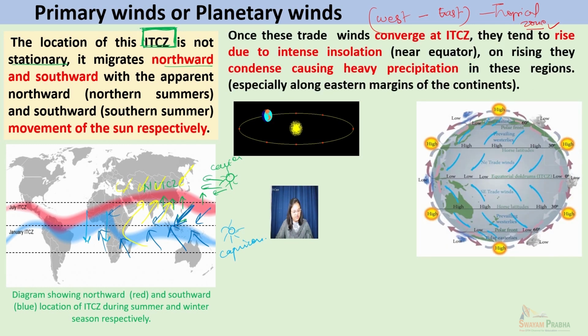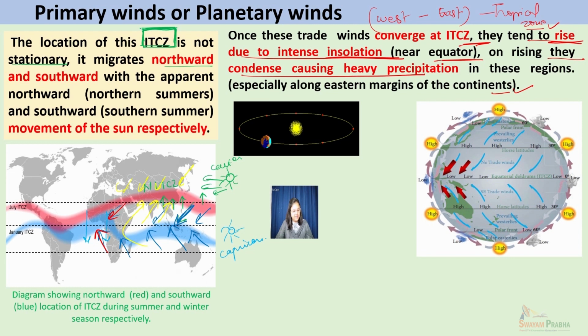Once these trade winds converge at the ITCZ, they tend to rise due to intense insolation near the equator, and on rising they condense, causing heavy precipitation in these regions, especially along the eastern margins of the continents.